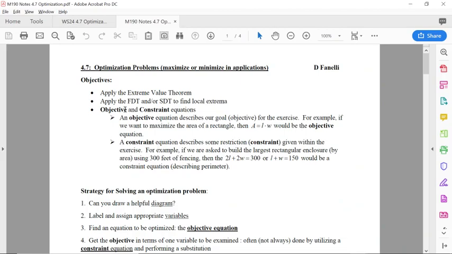suppose that we wanted to construct the smallest rectangular box package that we could to package our product. The smallest such package by surface area, under a constraint whereby the volume has to be a certain amount. So say that the volume of that box was required to be a certain amount, like 100 milliliters.